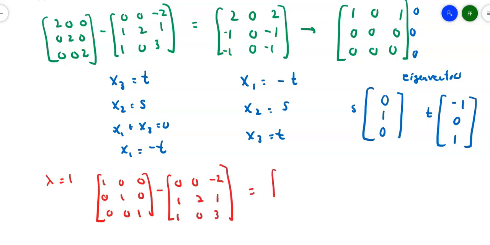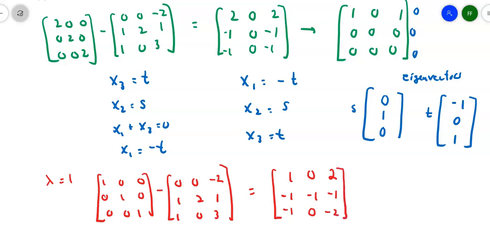Okay, that gives me 1 minus 0 is 1, 0, positive 2, negative 1, negative 1, negative 1, and then 0 minus 1 is negative 1, 0 minus 0 is 0, 1 minus 3 is negative 2.